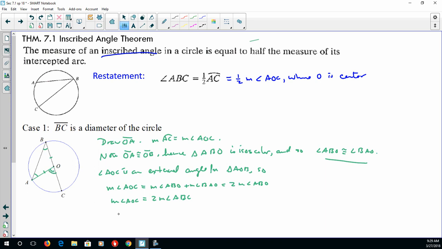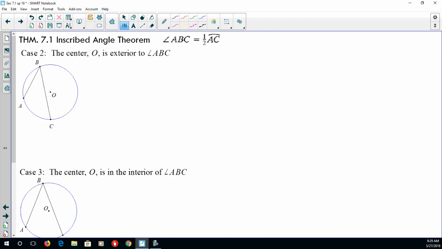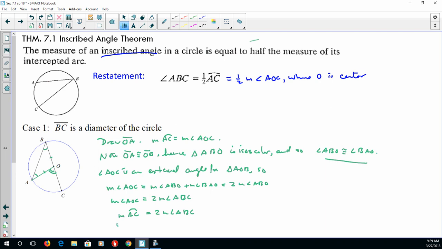And of course AOC is the measure of arc AC. Take 1/2 of both sides: 1/2 the measure of arc AC equals the measure of angle ABC, which is what I wanted to prove in this case. So if one side of the inscribed angle goes through the center, so one side is a diameter, it's a pretty straightforward external angle argument for the triangle that's formed.